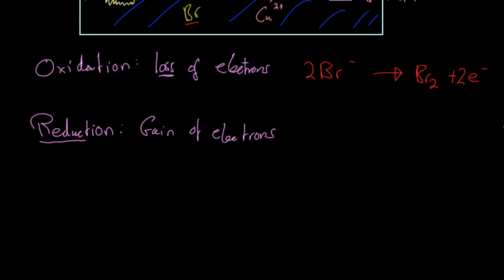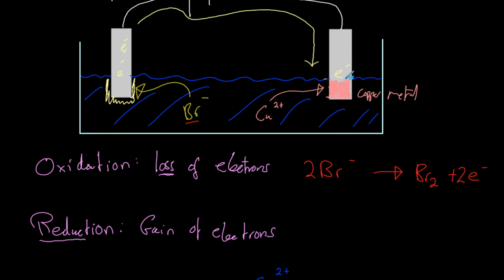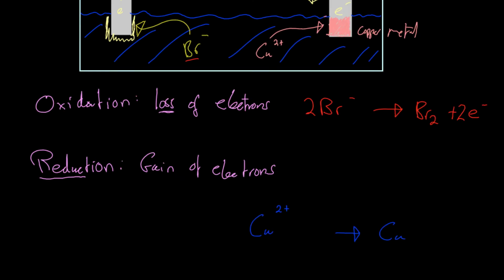Right, now on the other side, we have our reduction. So our reduction of copper. Do that in a different colour. So we have copper, which we're starting with, Cu2+, okay? That is going to form copper metal, okay? How does it form copper metal? Well, the Cu2+ is accepting electrons. So at this electrode, it's accepting the electrons from the negative electrode.